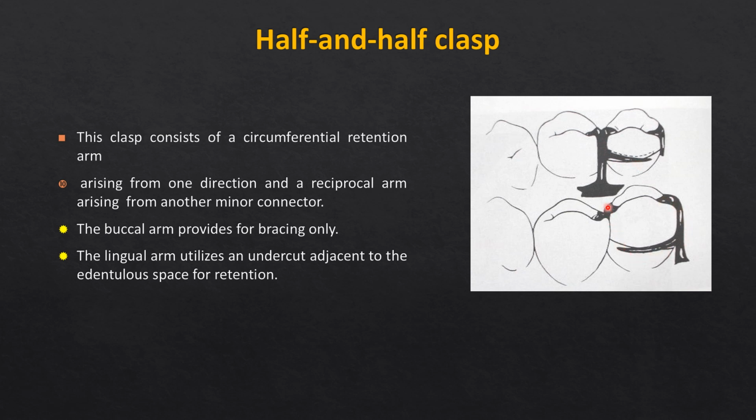So one is completely disjointed from the clasp assembly and placed on the palatal side or the lingual side, and another is placed on the buccal side from a separate minor connector. So this is why it is known as a half and half clasp. Half of the clasp is on the lingual side, another half of the clasp assembly is on the buccal side. This provides good bracing action, and the lingual arm utilizes the undercut adjacent to the edentulous space for the retention.